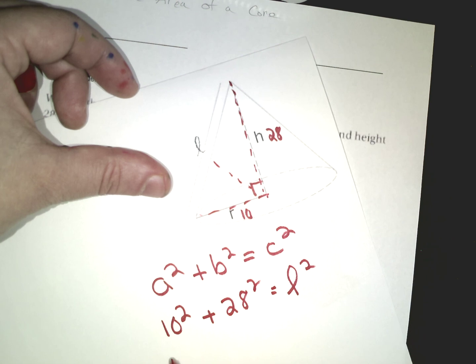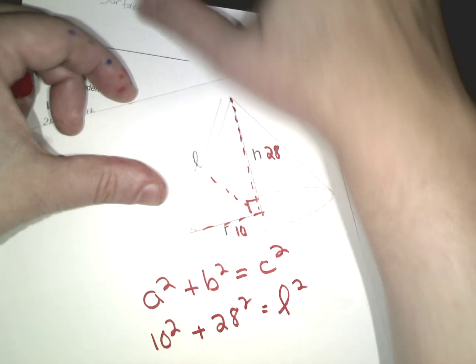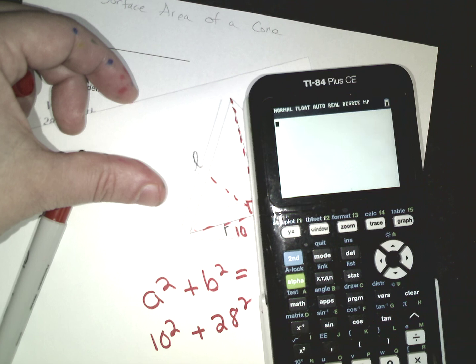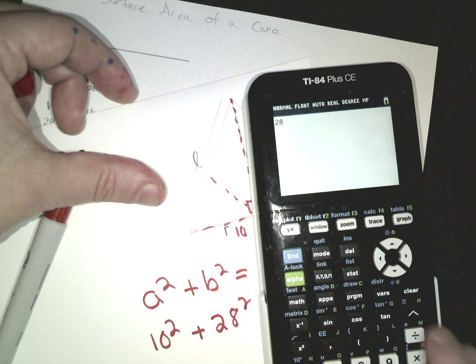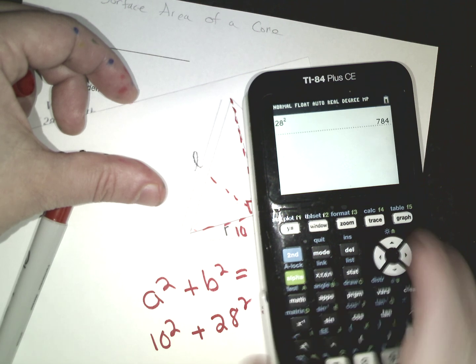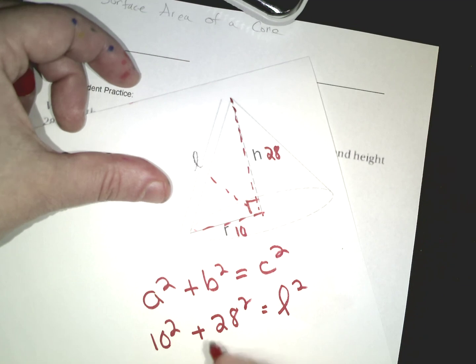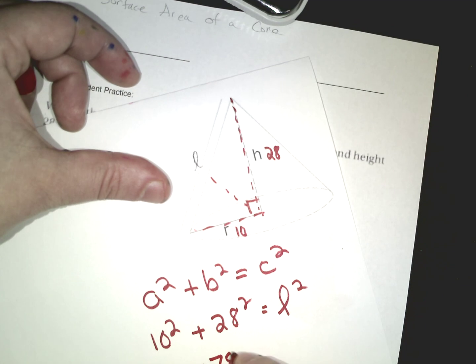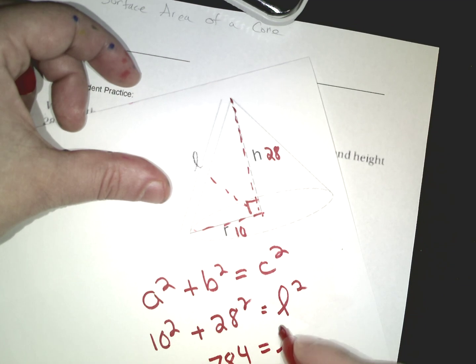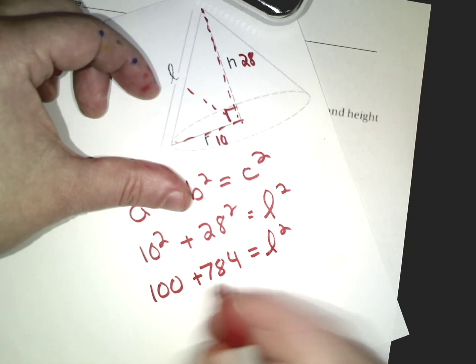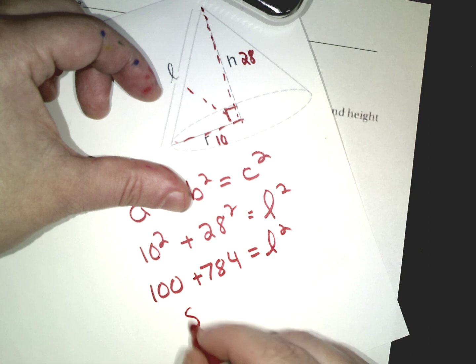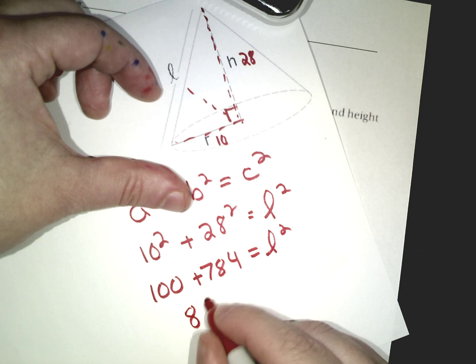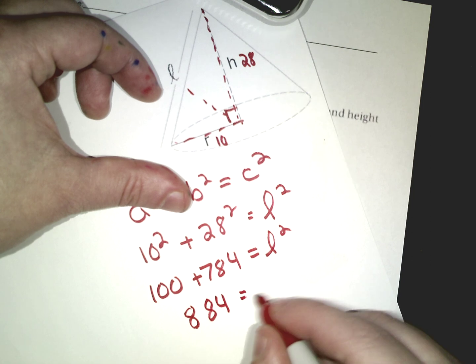So 10 squared is 100. 28 squared is 784. 100 plus 784, that I can do without a calculator, equals L squared.